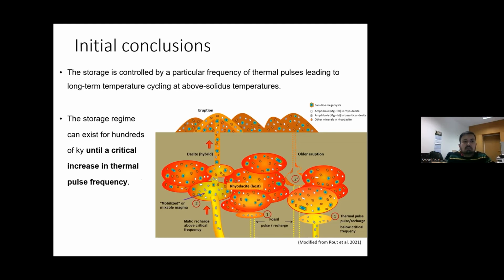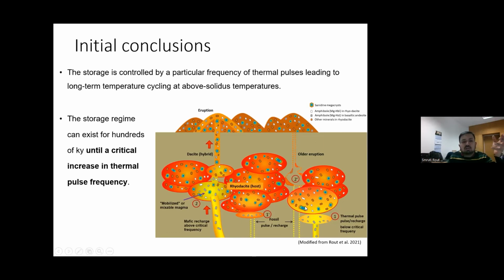And then the storage seems to be controlled by a particular frequency of the thermal pulses that leads to a long-term temperature cycling at above solidus conditions.